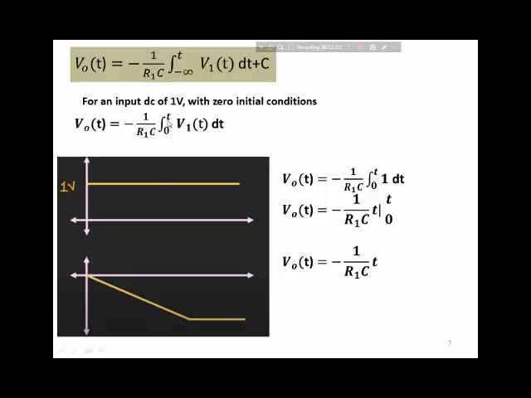So let me see how the output of the integrator would be for an input of 1 volt DC, or a 1 volt step input. That is, at t equal to 0, the input goes from 0 to 1 volt and stays at this value for indefinite time.